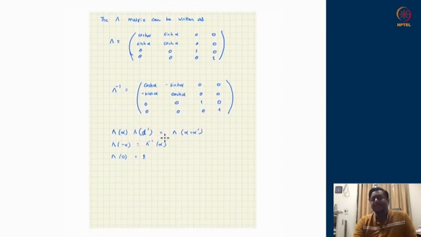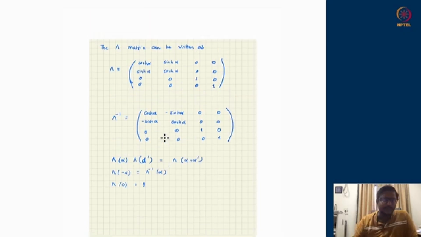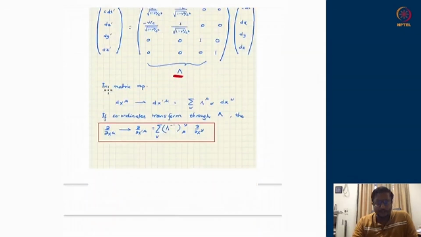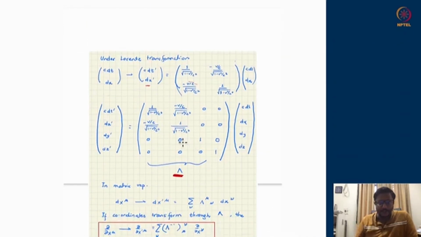For that, it is advisable to look at the structure of the matrix transformation, the transformation which we wrote down, lambda. Remember, the lambda matrix was a block diagonal matrix. Here was something, here was something, then nothing in this block, nothing in this block, and an identity matrix in this block.